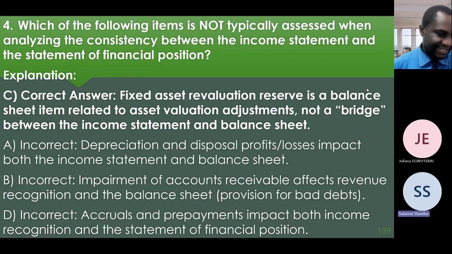I think you picked impairment of account receivable. I picked impairment of receivable. The answer is C, fixed asset revaluation reserve.